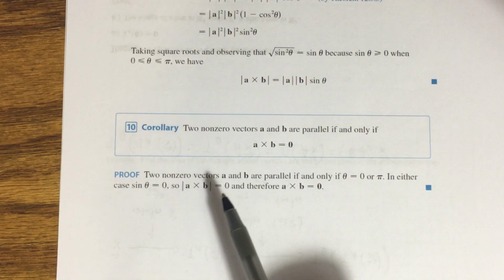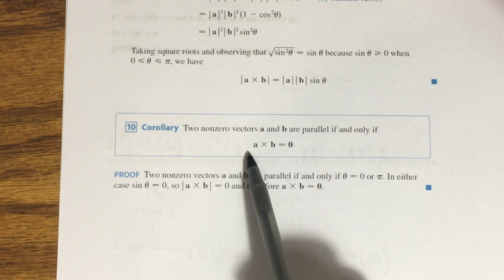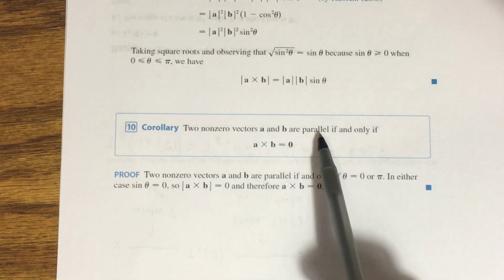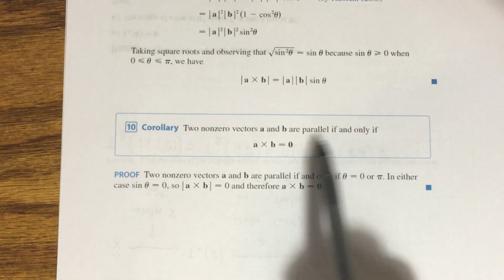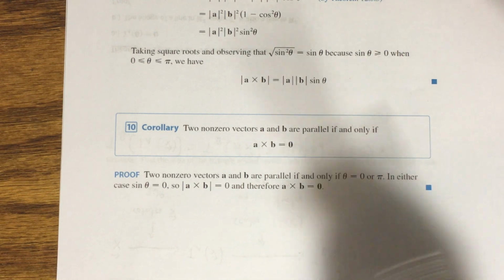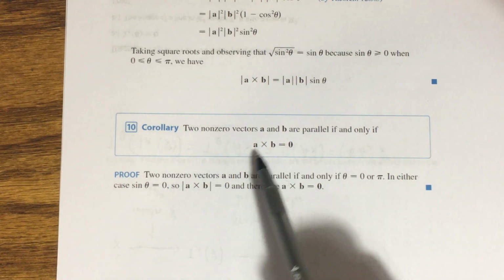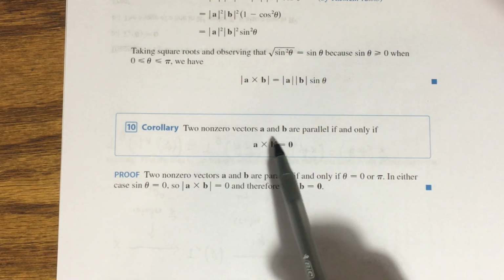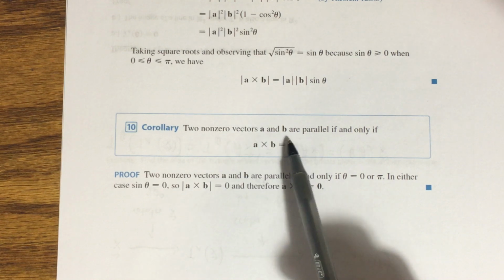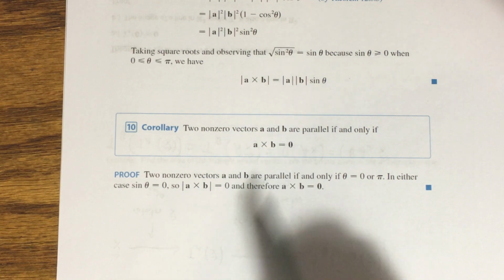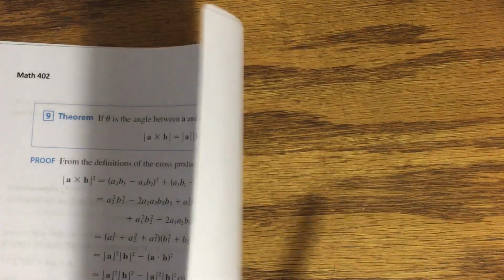Okay? So what this is saying is, and we proved one direction of this thing, if and only if proofs require a proof in both directions, but the argument we just made basically establishes this. If A and B happen to be parallel, then A cross B is going to be the 0 vector, and vice versa. Okay?